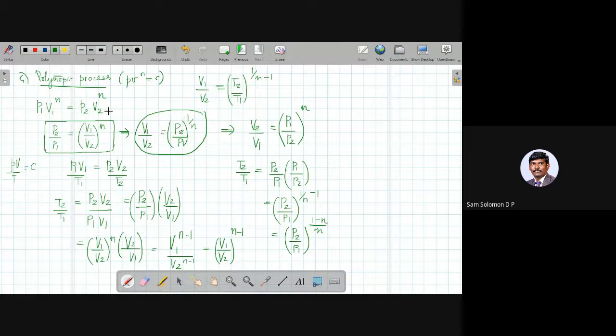Or let us do the other way around. What we require is V2 by V1. So V2 power n by V1 power n is P1 by P2. So it is P1 by P2 to the power 1 by n. So the previous one is correct, and this is supposed to be 1 by n. Whenever you have confusion, you can just check that. So V2 by V1 is P1 by P2 whole to the power 1 by n.